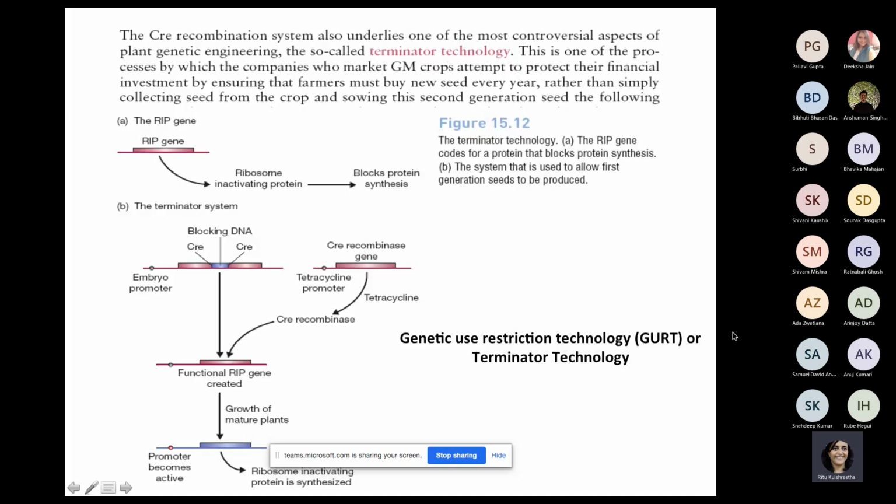So it is because of this reason that this terminator technology was resisted by various farmers. Is it clear?